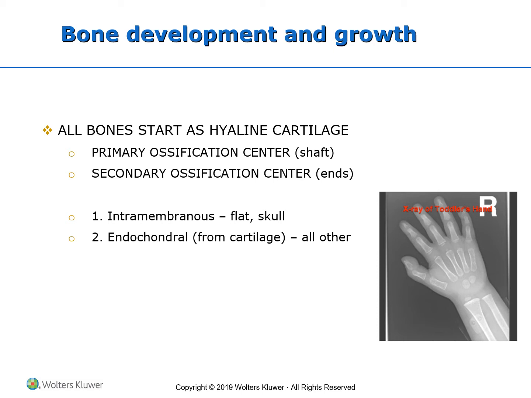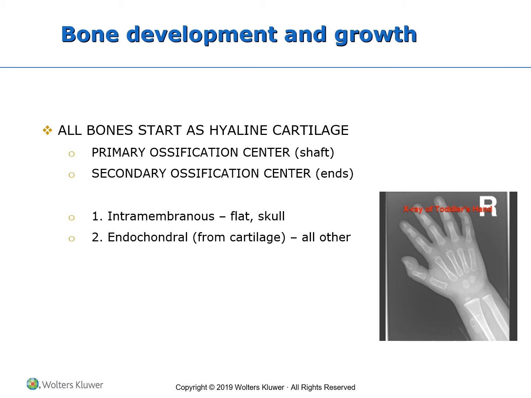The processes are two types. I was telling you that it starts by osteoclasts eating out the cartilage, and that's what is called the endochondral ossification process that happens in most of our bones.